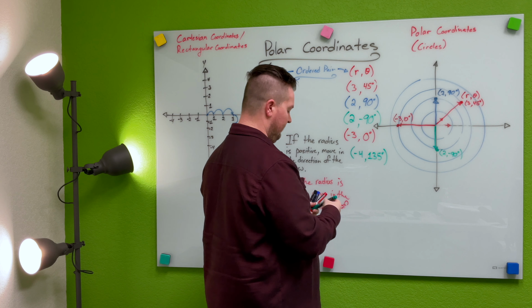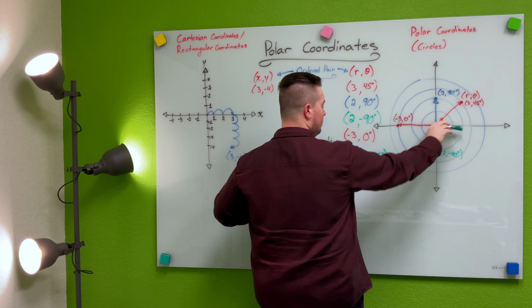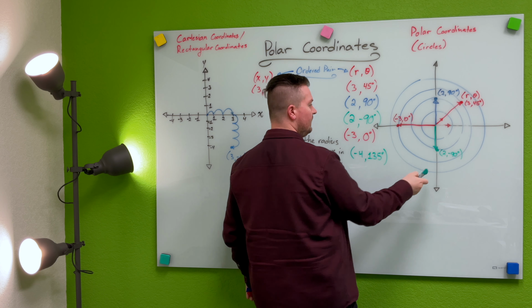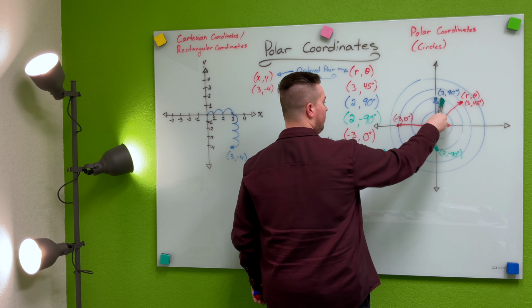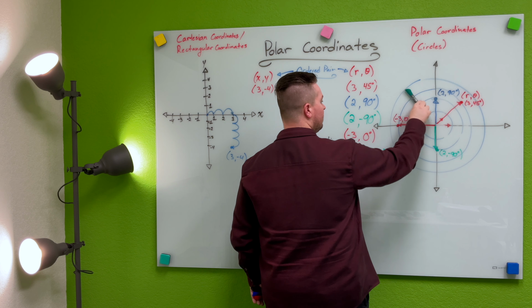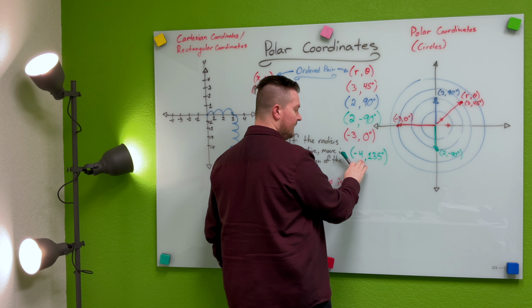So let's begin by facing in the positive x direction. Now we're going to turn to 135 degrees in the positive direction. So from here, we're going to turn in the positive counterclockwise direction, 135 degrees, which is pointing this way. Now notice our radius is negative.